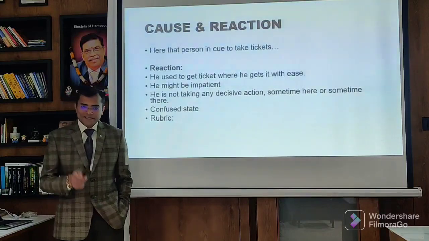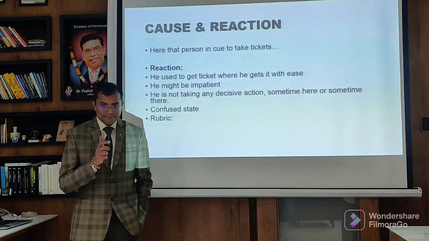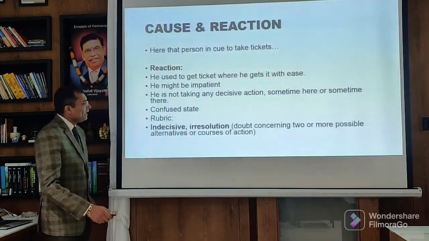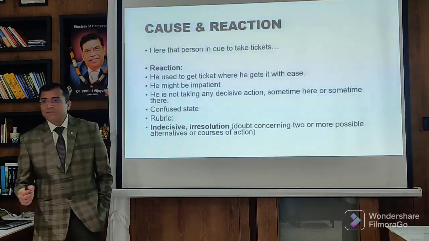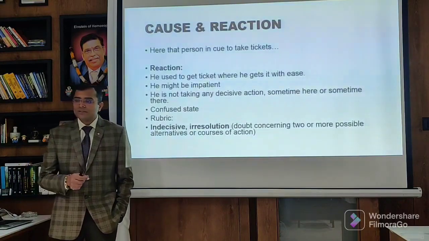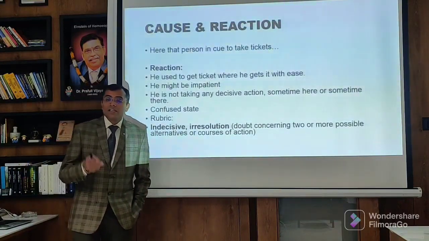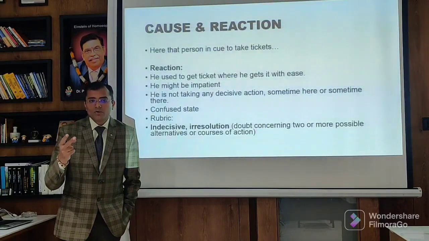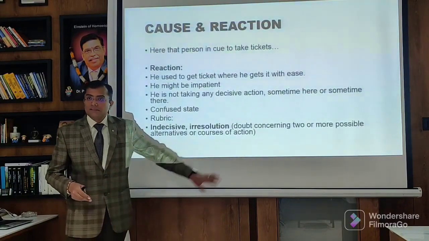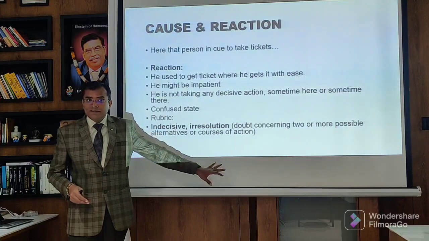So what could be the rubric? The rubric is indecisive irresolution. What is the meaning of indecisive irresolution? The doubt concerning two or more possible alternatives or courses of action. Now it is a very clear definition.